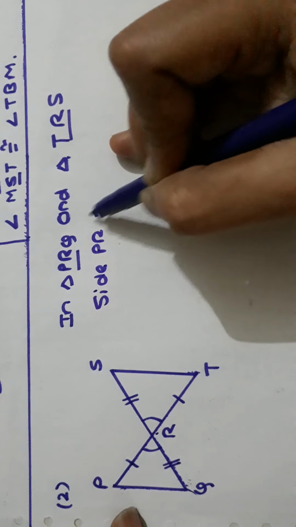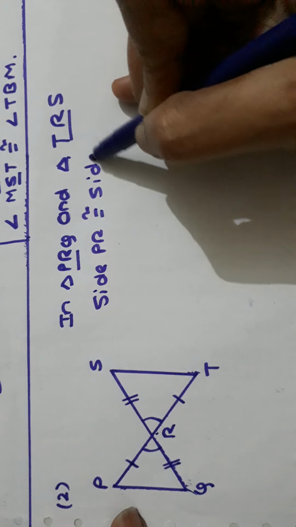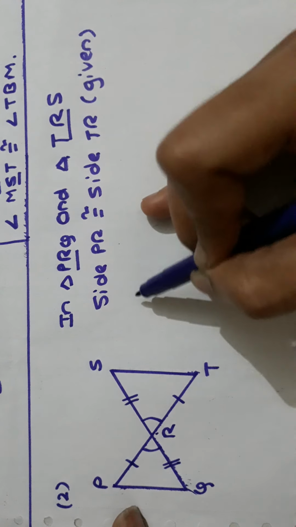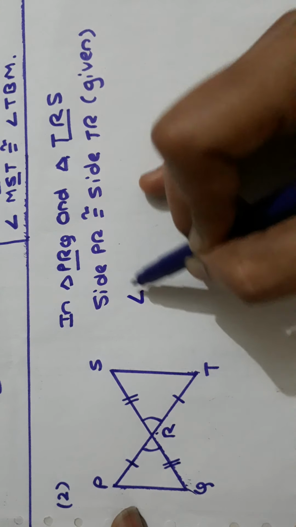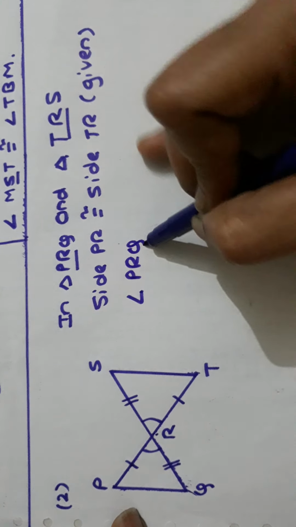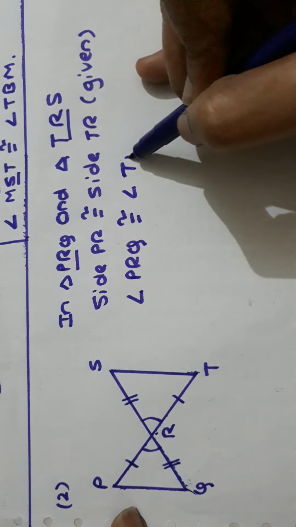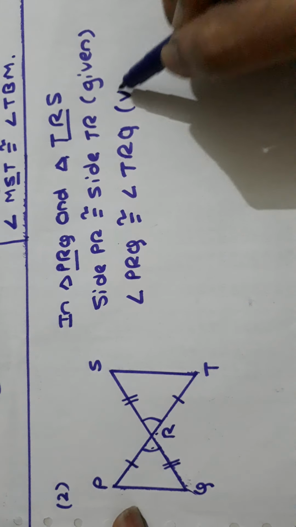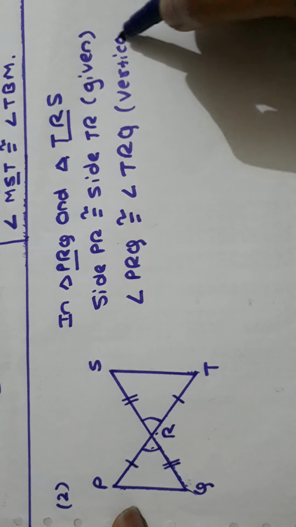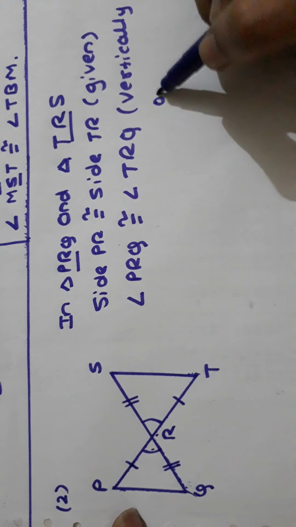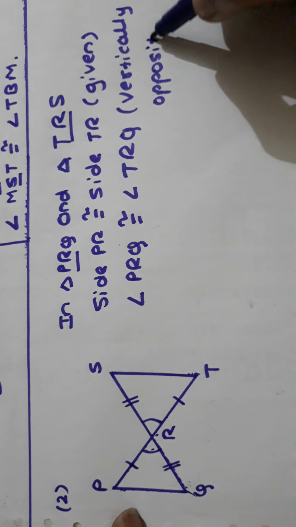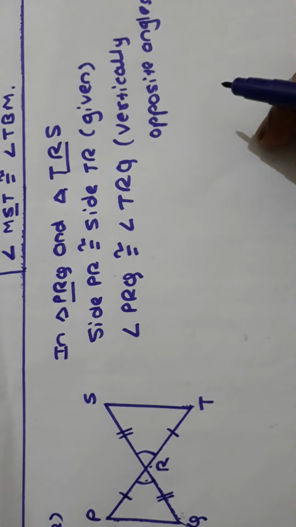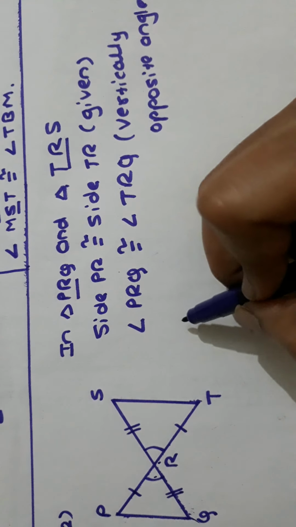So now we will write the steps to show that both the triangles are congruent. Side PR congruent to side TR. This is given. Then angle PRQ congruent to angle TRS. Now both these angles are called vertically opposite angles, which you have seen in 7th standard. Vertically opposite angles.